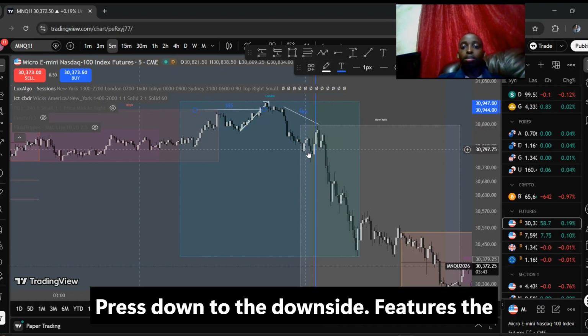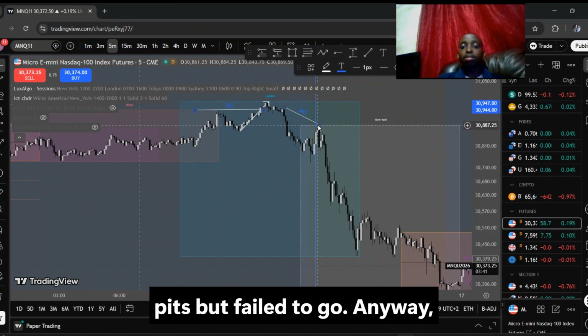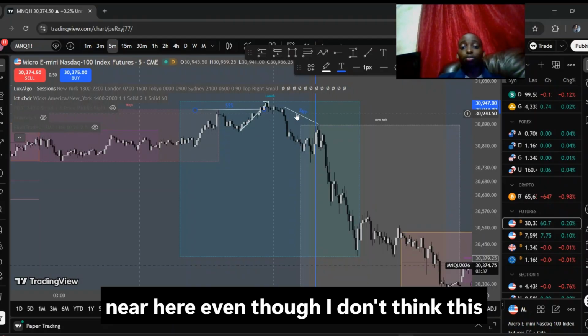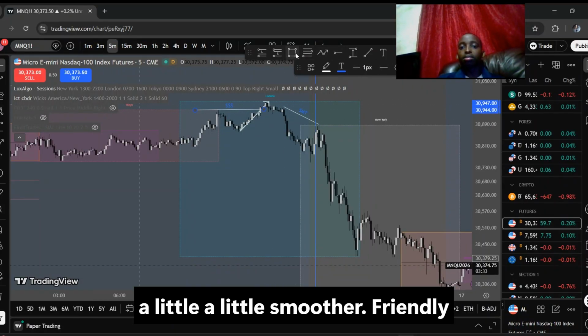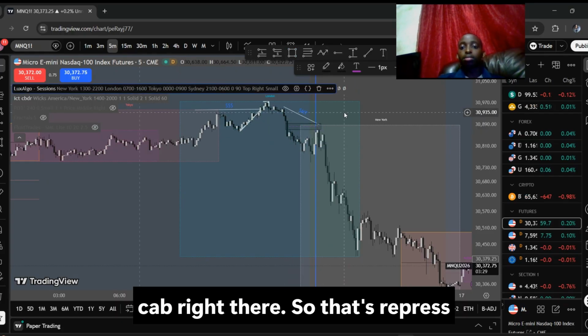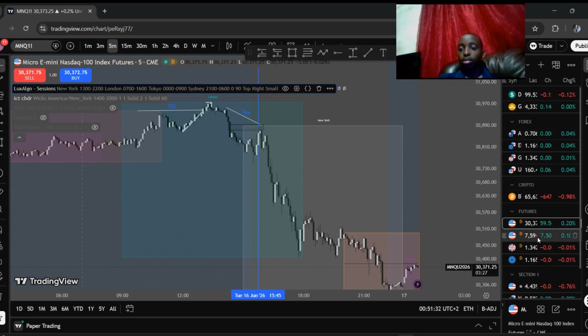Price went down to the downside, retraced a bit, but failed to go anywhere near here. I don't think this is 50%, maybe 50%, and there is a small value gap right there. So that's where price retraced to.